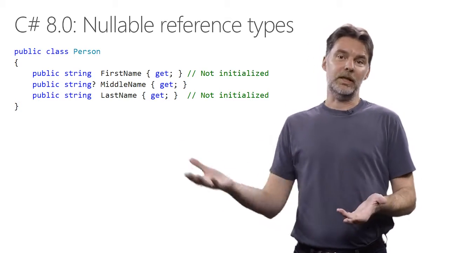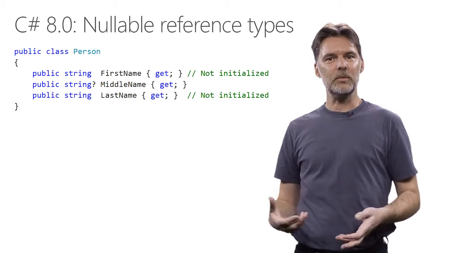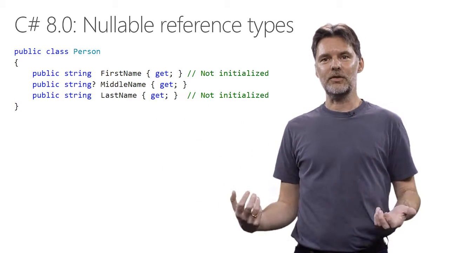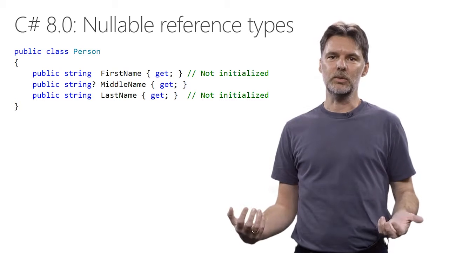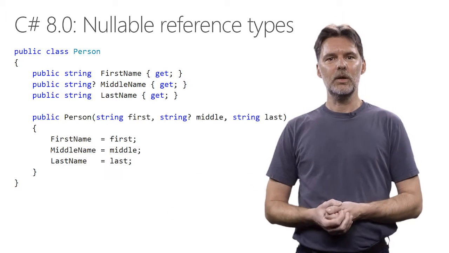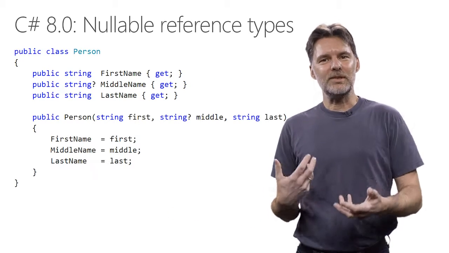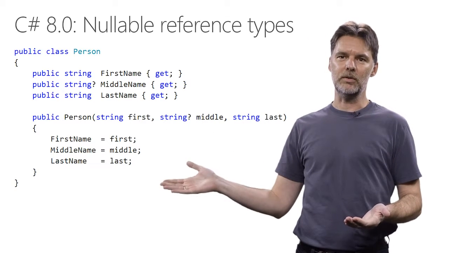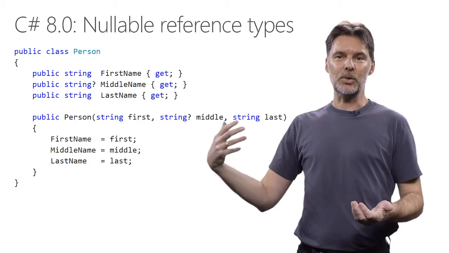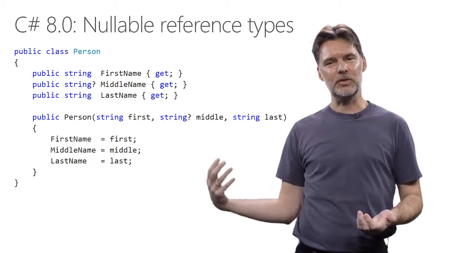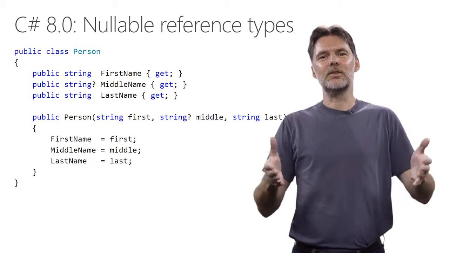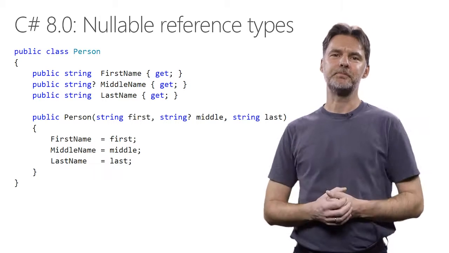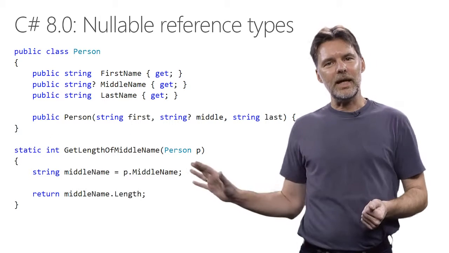We can fix that problem. I guess we could put question marks on them, but we can fix that problem by initializing them to some non-null value like the constructor here does. How exactly do we know that it's initializing the two fields to non-null values? Well, those don't have question marks on them either when they come in as parameters, so the whole thing just kind of tracks through. So now the class is all right.